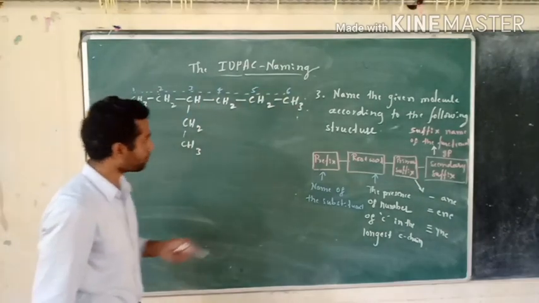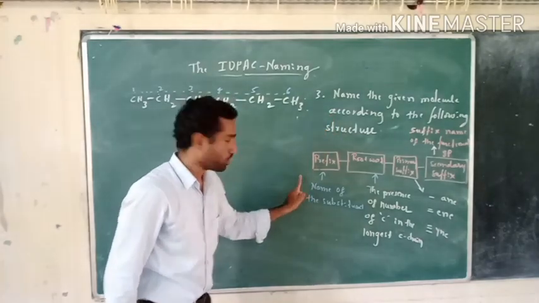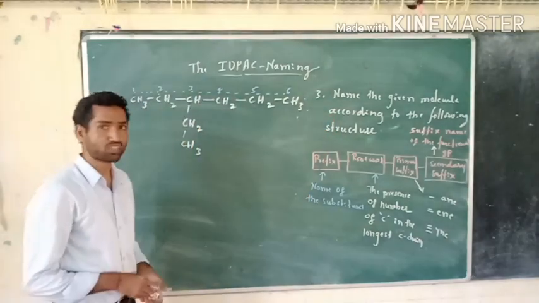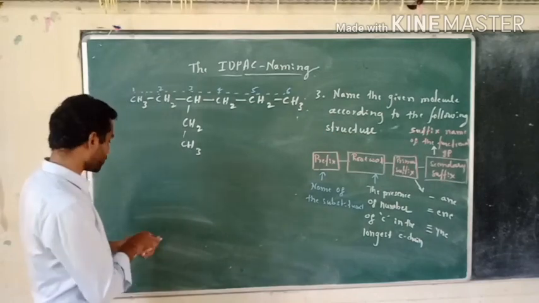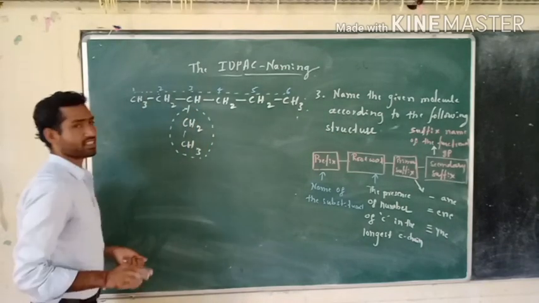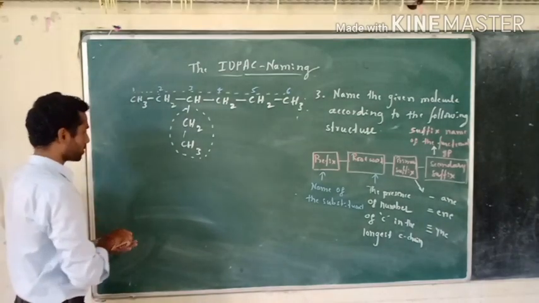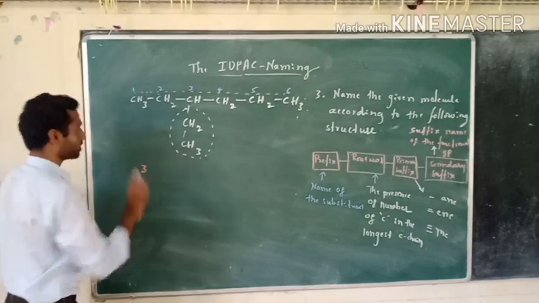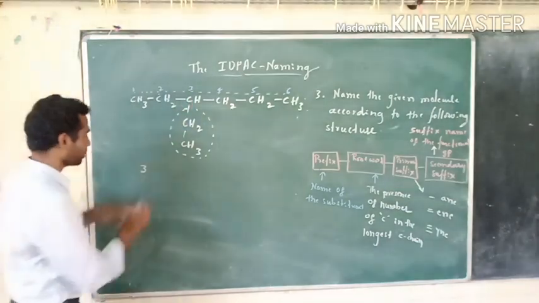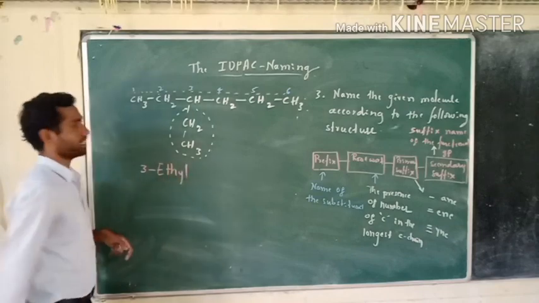The second rule is over. The third rule is, you have to name the molecule according to this structure. First I have to write the prefix, the name of the substituent. This is the substituent. Therefore, first I have to write the position, the third carbon, where there is an ethyl group.